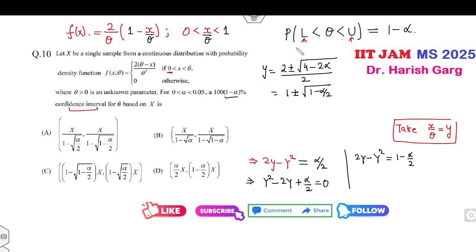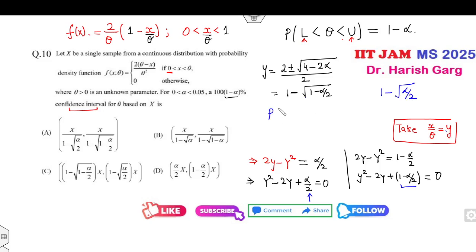Because this is the lower limit. So I can consider this number is my lower limit. Similarly, from this case, y square minus 2y plus 1 minus alpha by 2 is 0. So you can see this is a similar one. Instead of alpha by 2, it is 1 minus alpha by 2. So that limit is my alpha by 2. Fine. So this is the limit of y.